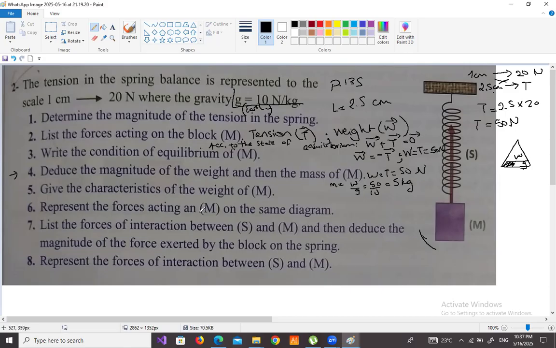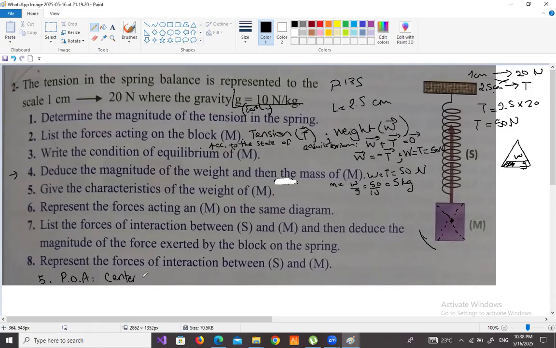Characteristics of the weight, in all cases, they are the same. Number 5: the point of application is always the center of gravity, meaning the center of the object, where the two diagonals intersect.